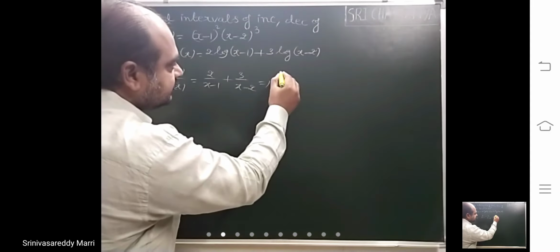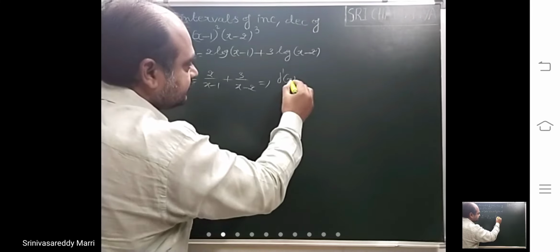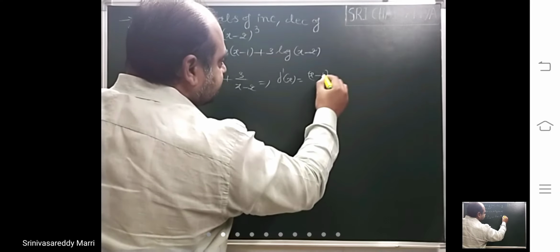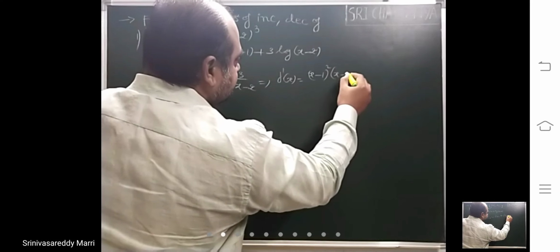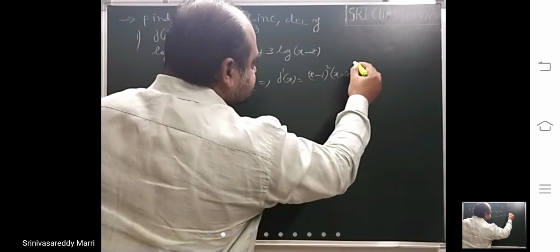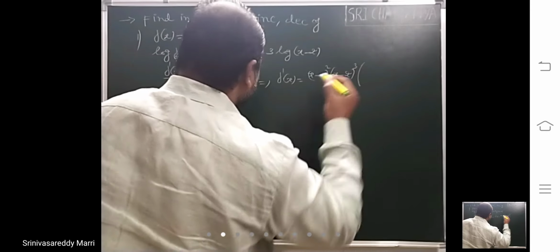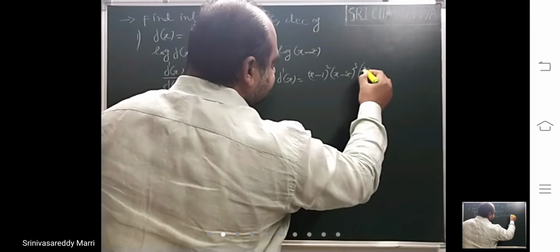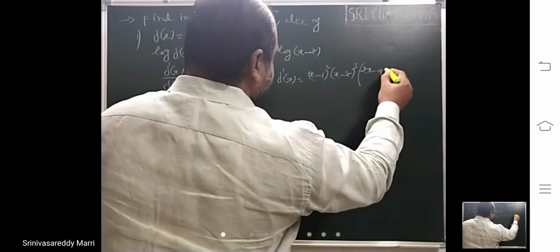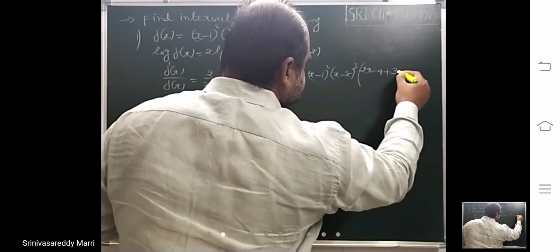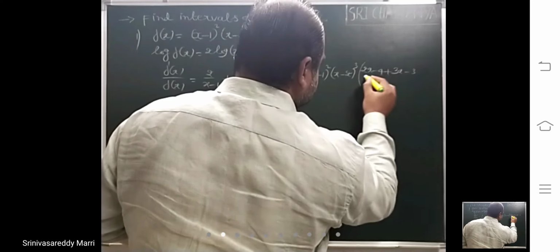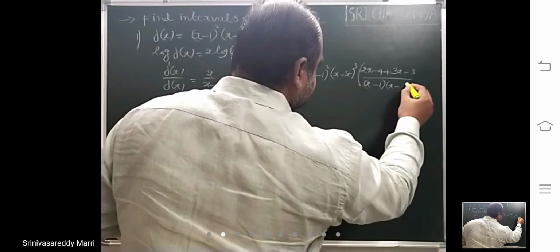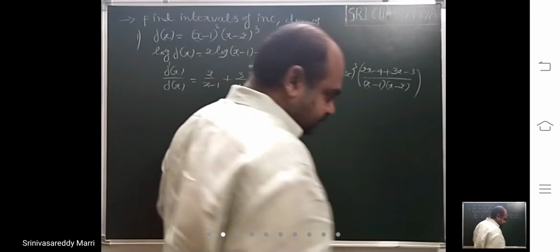That means f dash x is nothing but f of x into that, and f of x is what? x minus 1 whole square into x minus 2 whole cube. If you take the LCM, you will get 2x minus 4 plus 3x minus 3, divided by x minus 1 into x minus 2.